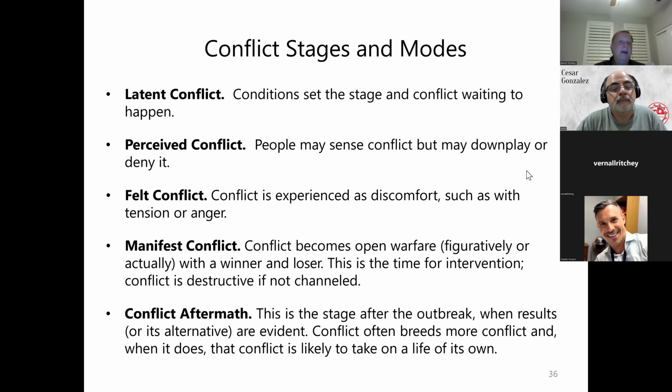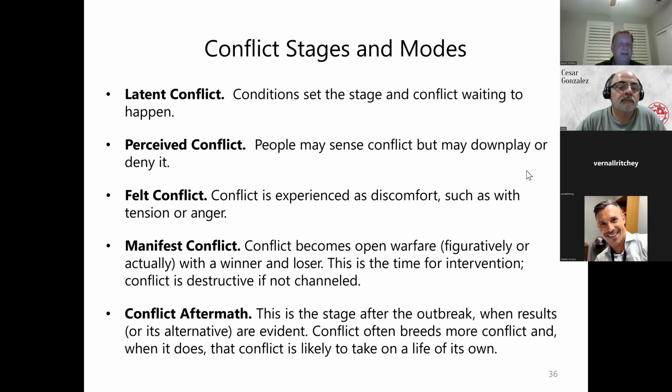But if you can identify conflict at its different stages and address that conflict before it really manifests itself, that's how you manage conflict as a leader. So there are several different stages of conflict that leaders need to be able to identify. There's latent conflict. Latent conflict is when conflict hasn't happened yet, but the stage has been set for it.